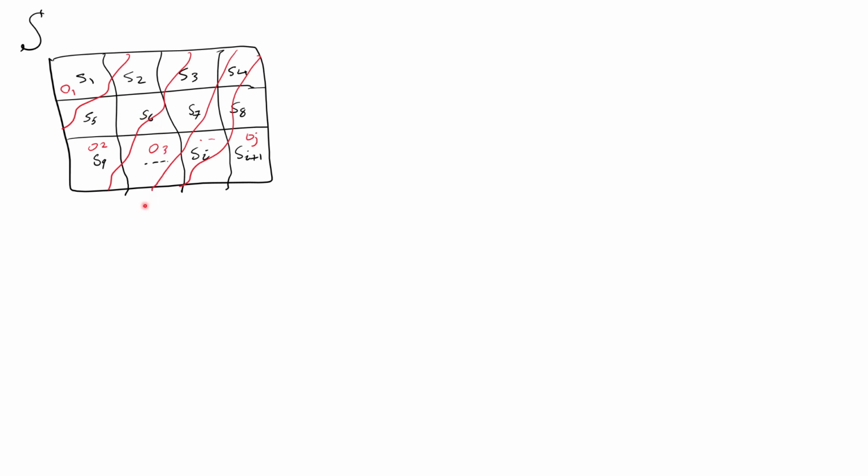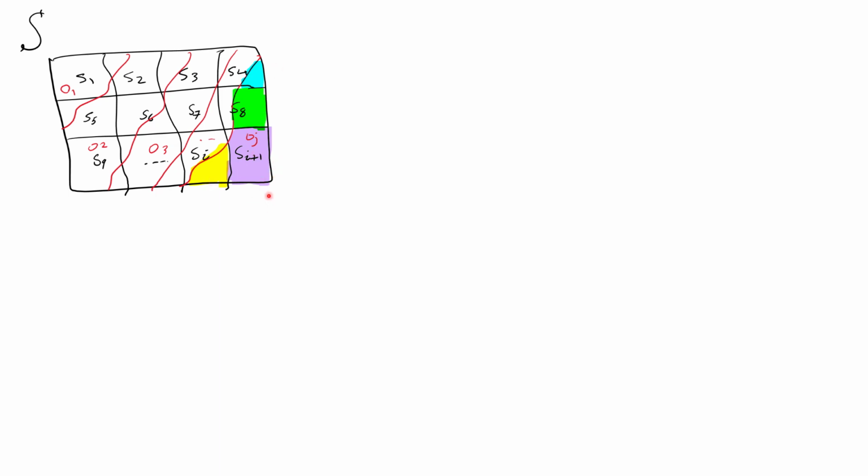But here we are trying to come up with a generalized formula for Bayes. And this piece plus this piece plus this piece plus this piece, which are joint probabilities of OJ with S_i, S_i+1, S_8, and S_4, for OJ, right?